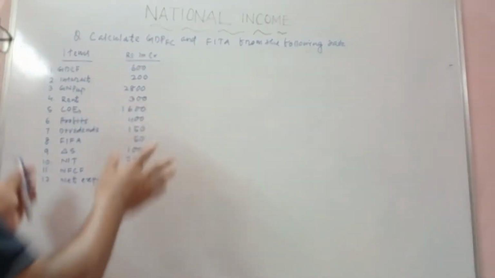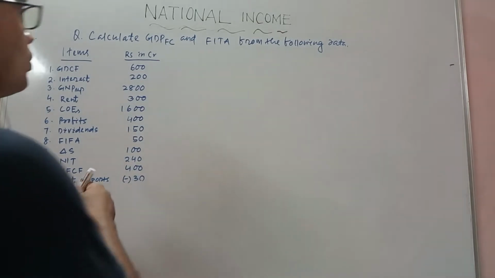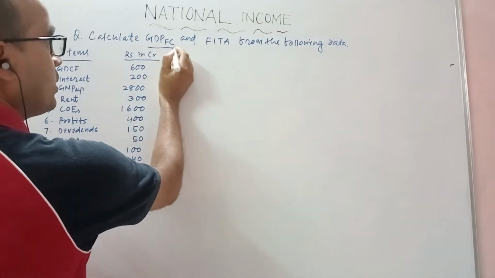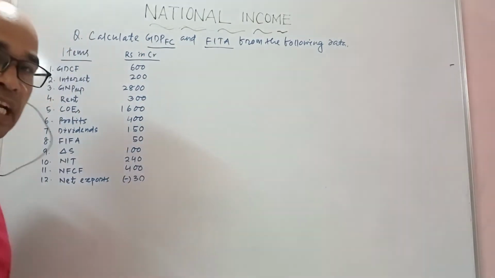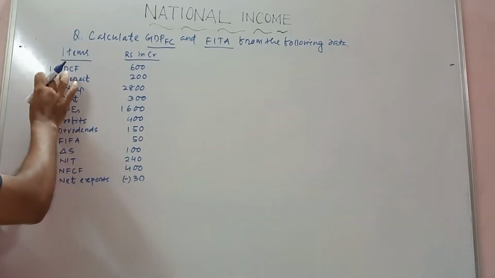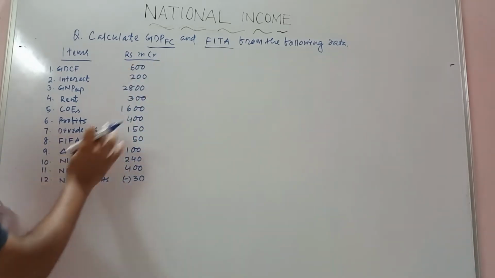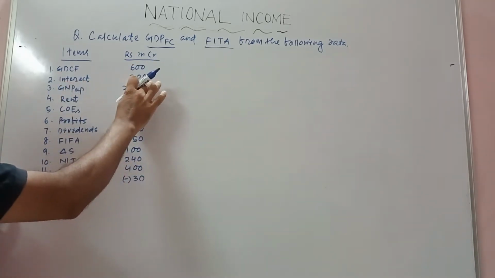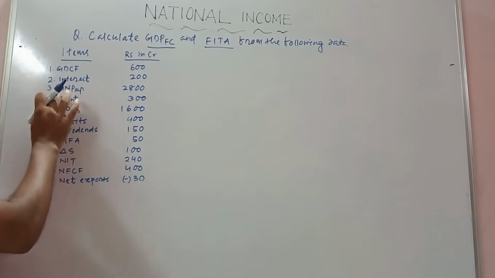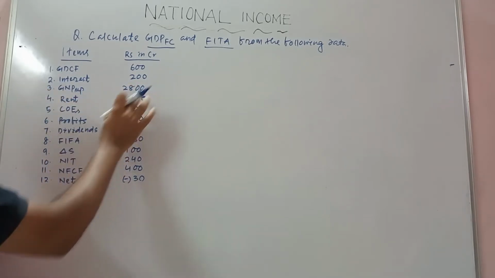It is given in the Sandeep Garg book. The question is: you want to calculate GDP-FC. And the data is given here. Now what data is given? Gross domestic capital formation, 600. Interest is given 200. GNP, gross national product at market price, is given at 2,800.